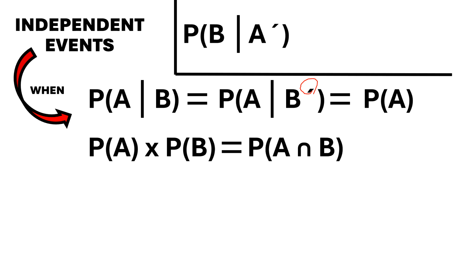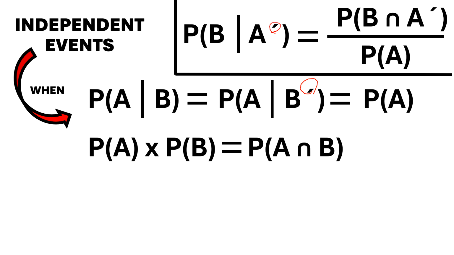Now, this means the probability of B given A has not occurred, and it's going to equal the probability of B intersection A complement, which means the values in B only, okay? Not in B and A, not in intersection, in B only, divided by the probability of A.